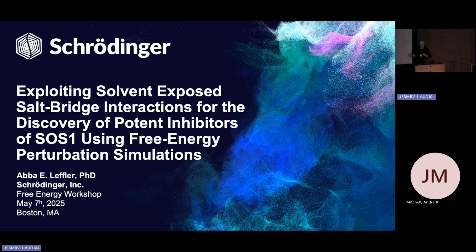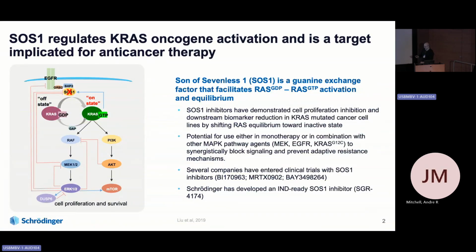So the context, the story that I'll tell you it in, is our SOS1 inhibitor program. This is a target that I'm sure is familiar to many of you. You may have worked on it. Since we're computational chemists and not biologists, I think it suffices to say that we want to develop inhibitors of SOS1 to block this complicated biochemical cascade. And this is a highly sought after target.